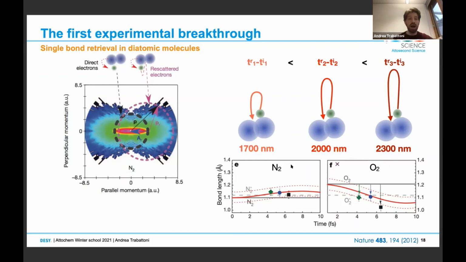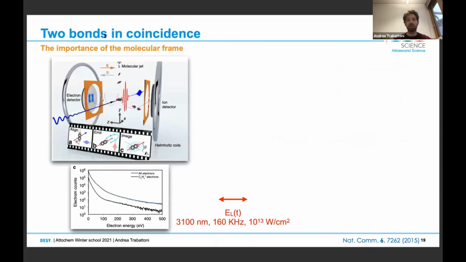That's good. And this was an extremely important breakthrough, the first experimental application of laser-induced electron diffraction, and it was followed by important results. I would like to mention the work performed in the group of Jens Biegert in 2015 and recently.